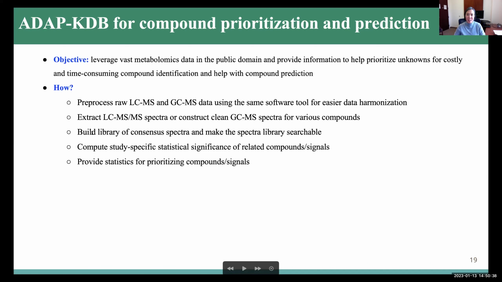If this compound has been observed over and over again from different studies, that speaks something about the spectra. And so we build the consensus spectral library and also make the spectral library searchable, and also compute study-specific statistical significance. And that's going to be used for us to prioritize those compounds.